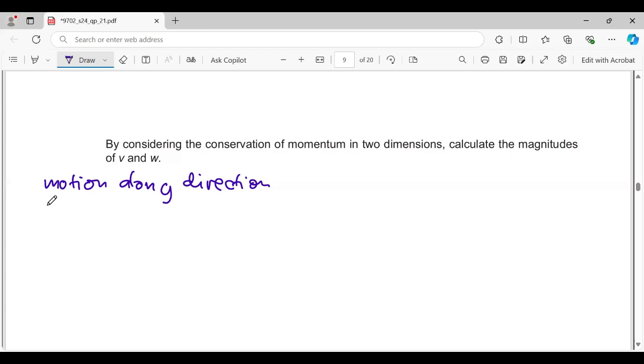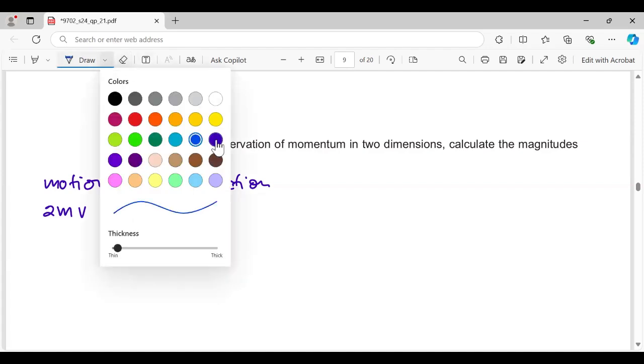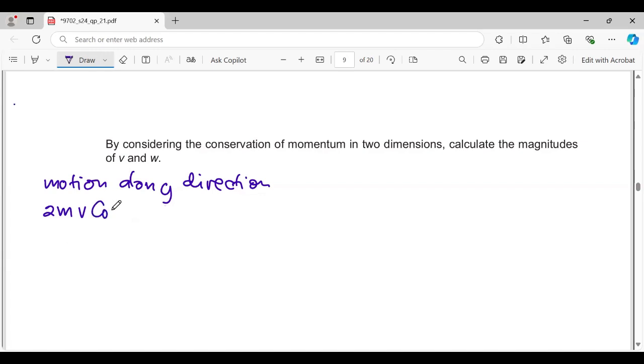The momentum will be 2m times v, the velocity of 2m, times cosine 30 because the angle is 30, plus 3m times w, the velocity of 3m, times cosine 30, and it equals 10 meters.